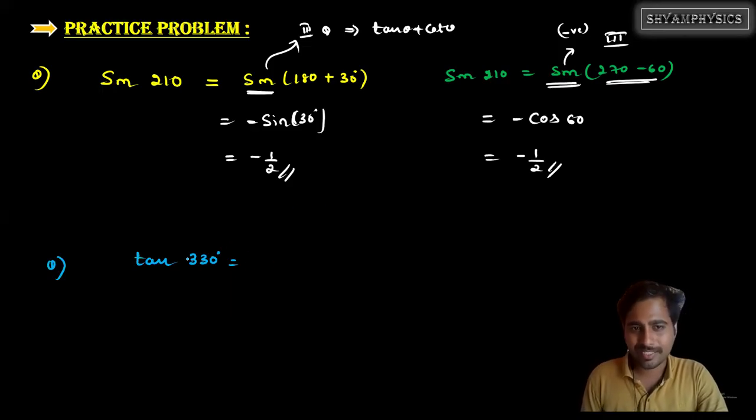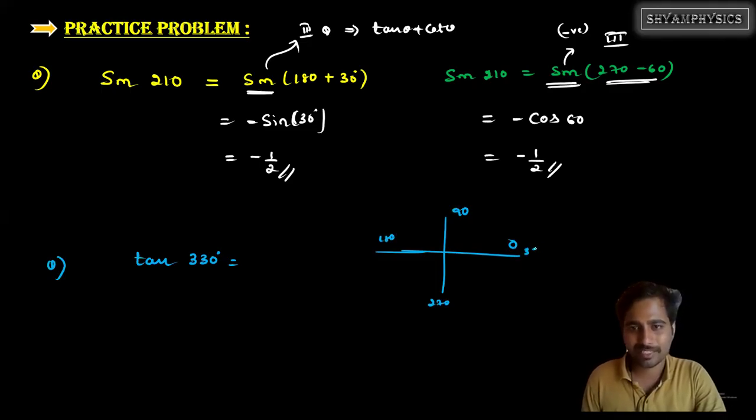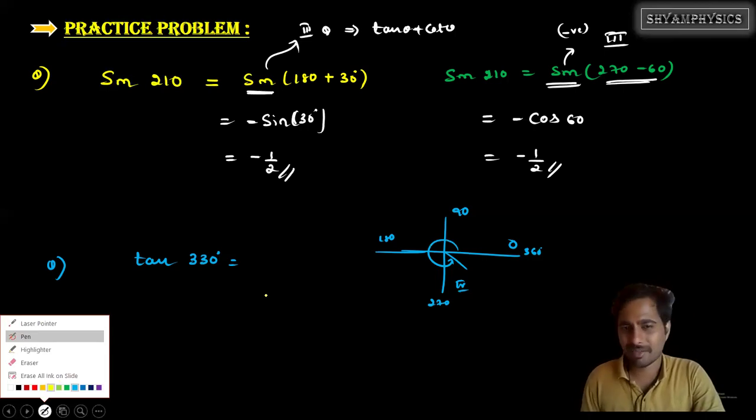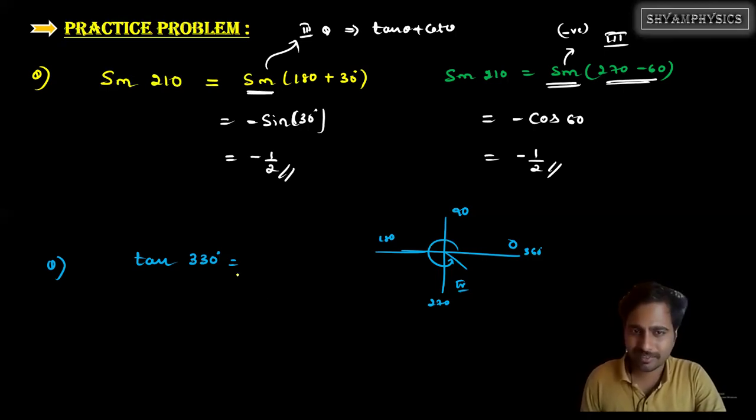Shall we solve? For 330, we know the quadrant theory, right? Now 0, 90, 180, 270, and again 360 degree. 330 lies somewhere from here to here, which means it comes in the fourth quadrant. Now we'll go with any one method. 330 can be written as 270 plus theta or as 360 minus theta.